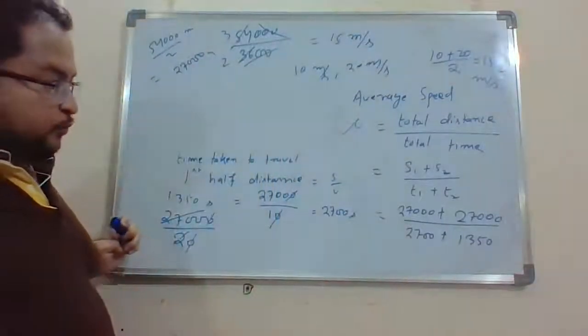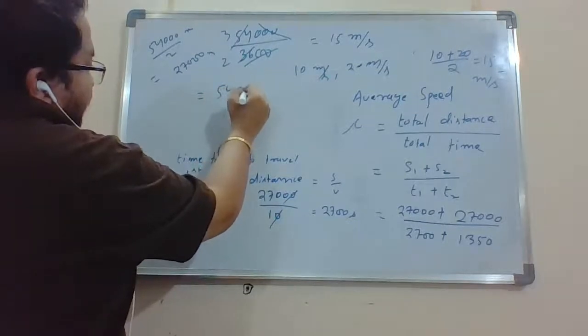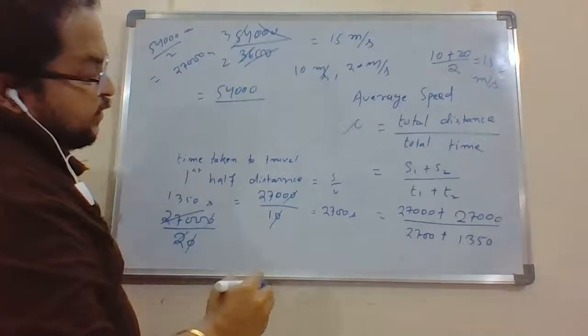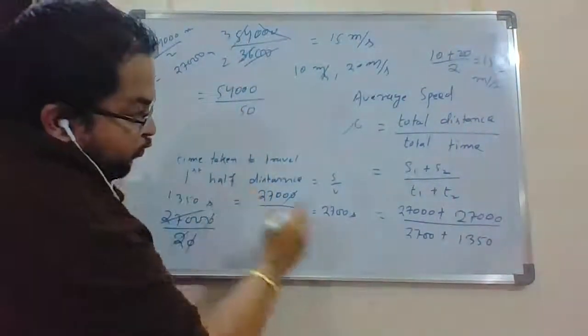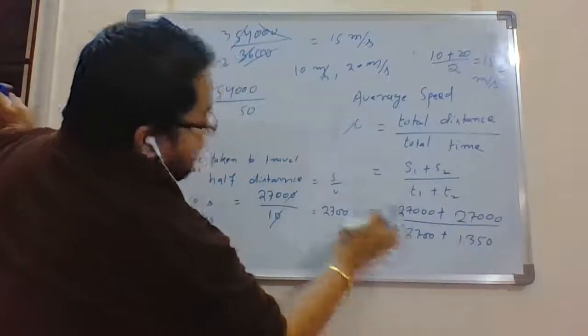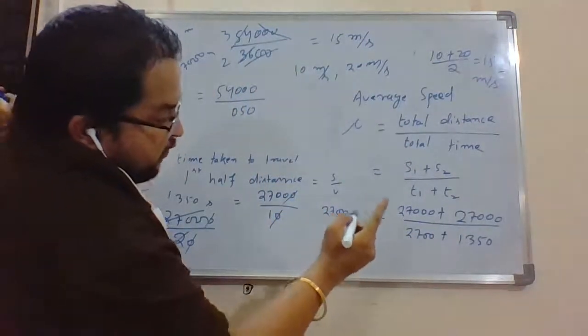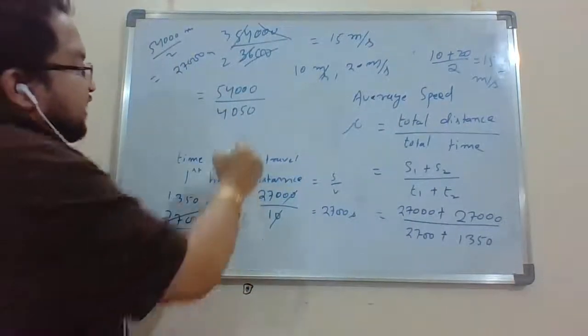So now let us find out the value of that. In the numerator we are getting 54,000, by, in the denominator we are getting 4050 second, right?